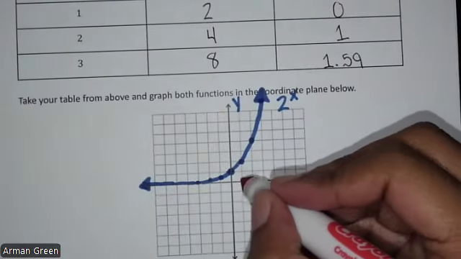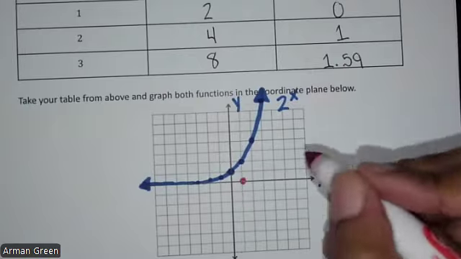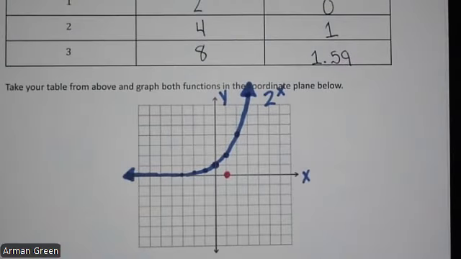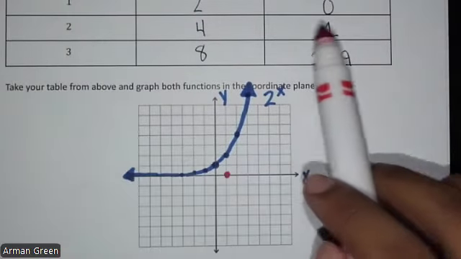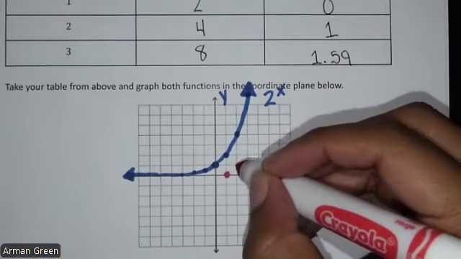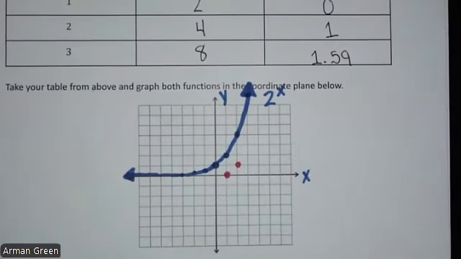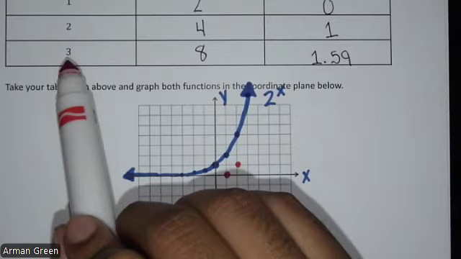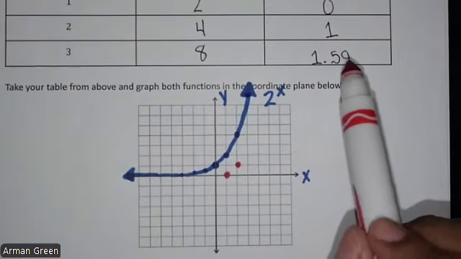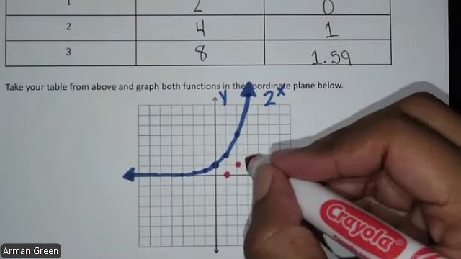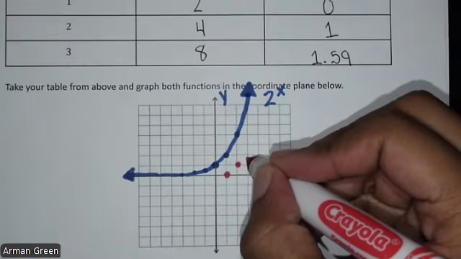So when x is 1, y is 0, so that's a point right here. We also know that when x is 2, our y value is 1. So we have a point right there. And then lastly, we know that when x is 3, our y value is close to 1.5. So we're just going to put a dot right there.